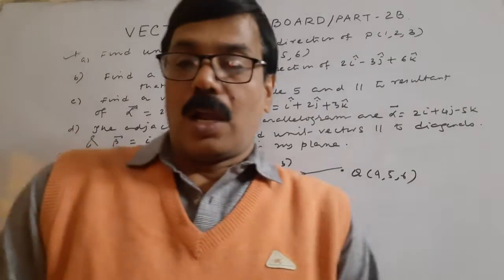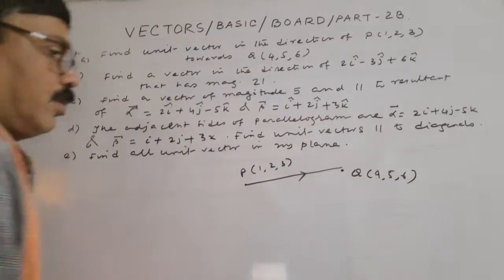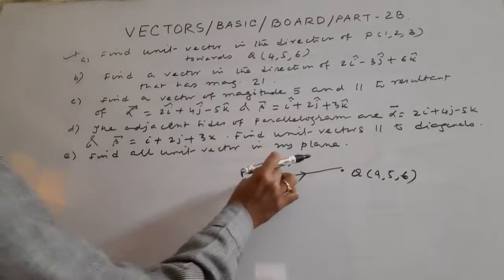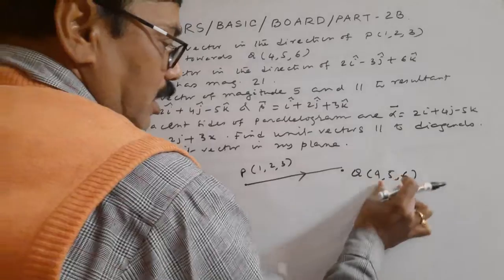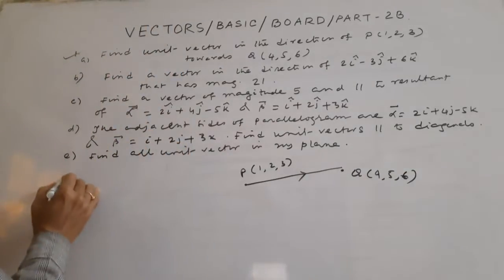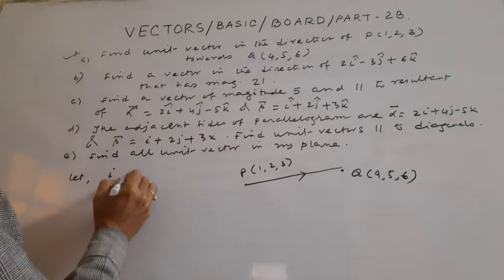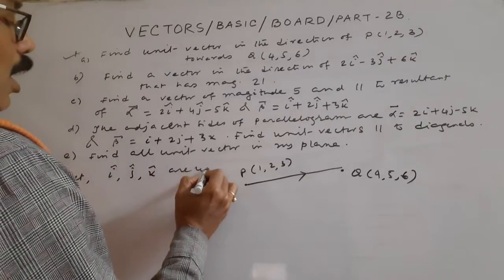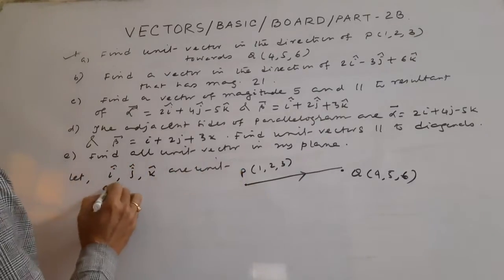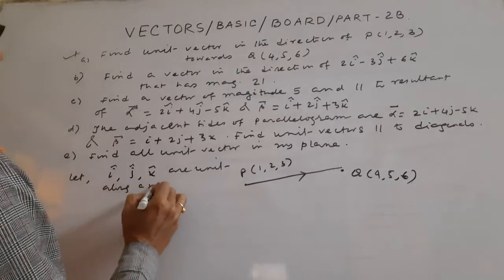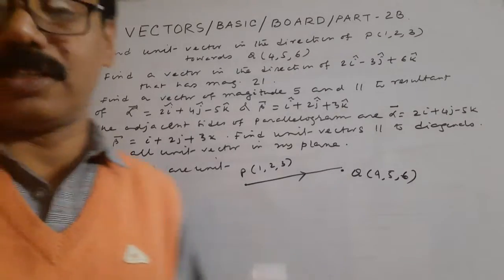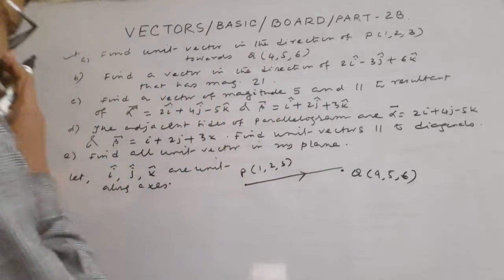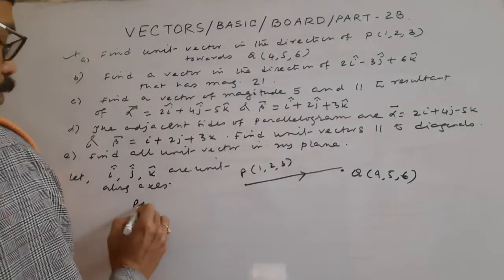So, i, j, k are unit vectors. In all cases, if it is a point in 3 dimensions, then we write let i, j, k be unit vectors along the axes: along the x-axis is i, then j, then k. It is given or not. Then what is PQ?